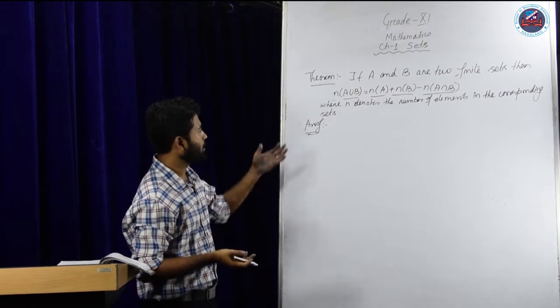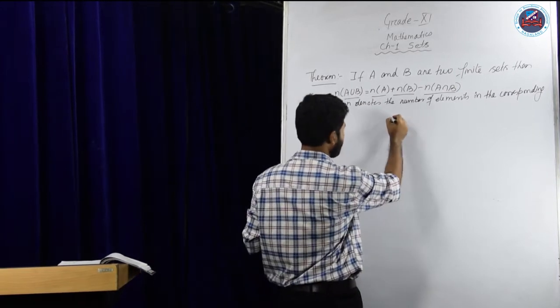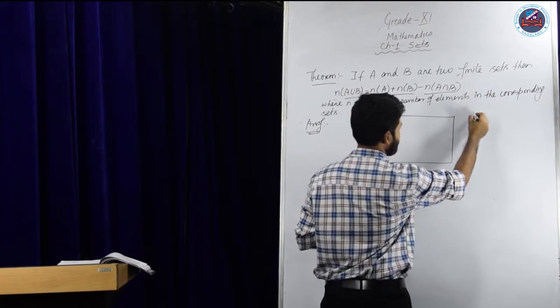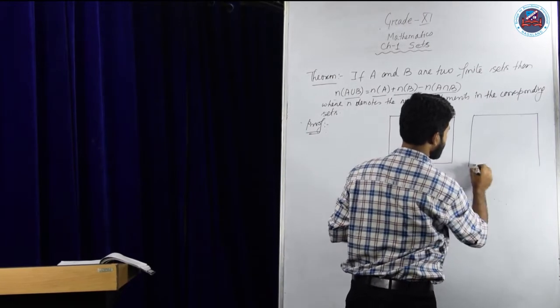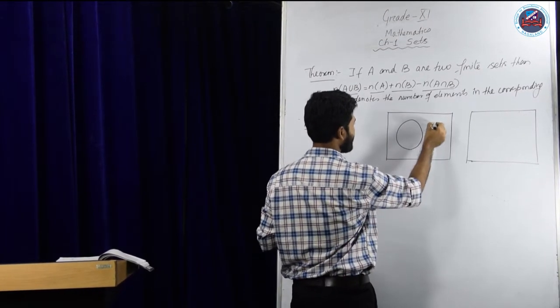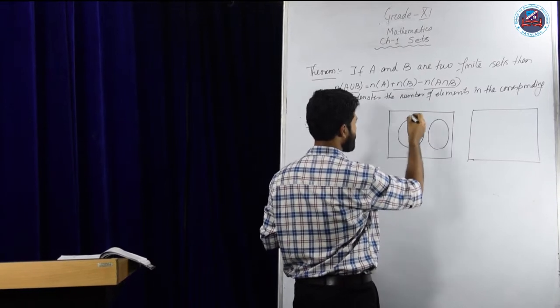Okay, so how to do this? At first let us draw the Venn diagrams. So let us draw two Venn diagrams. Here in the first case we shall take that the sets are disjoint.